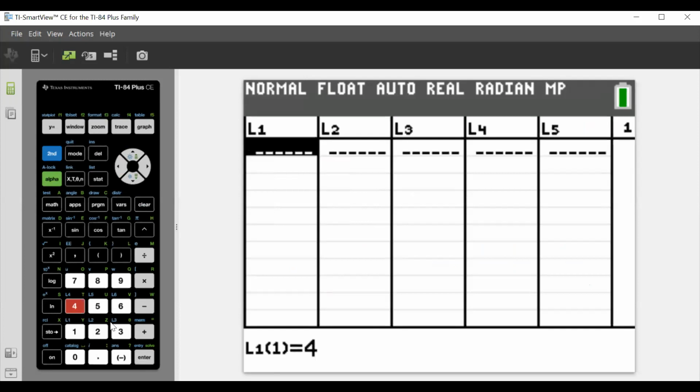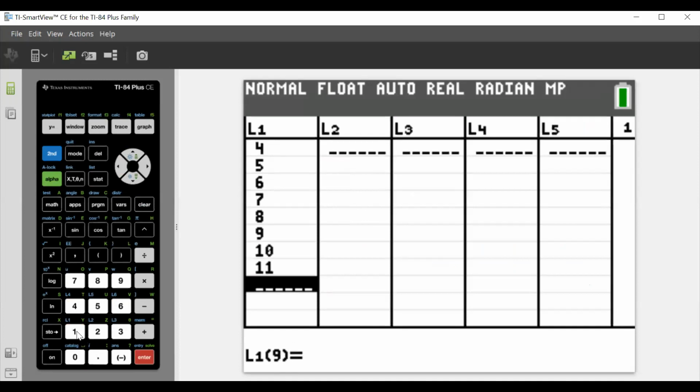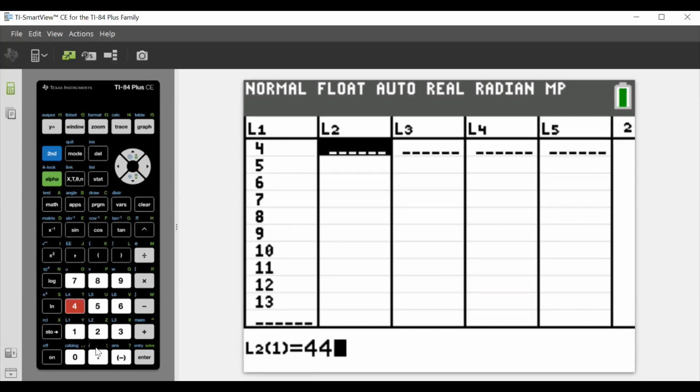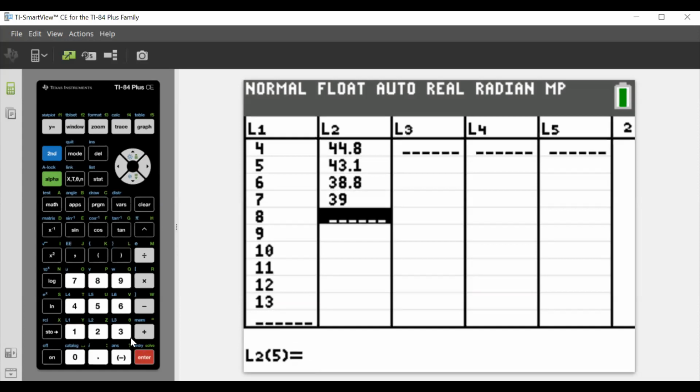So it had a 4, 5, 6, 7, 8, 9, 10, 11, 12, and 13, if I remember the data right. And then we had 44.8, and then we had 43.1. I'm hoping I'm using the same data, and 38.8, and then 39, and then 38, and then 32.7.